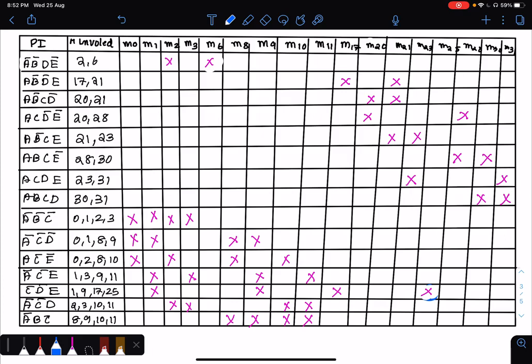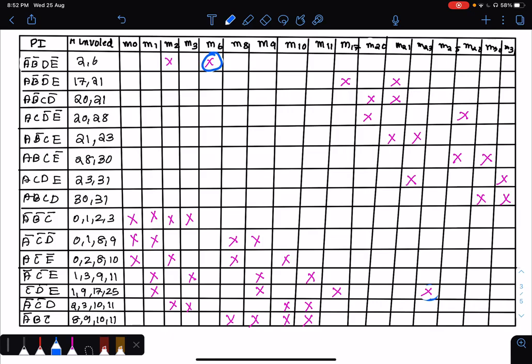The general rule is that after constructing the PI chart, cross these things and go through each column. This column has three crosses, this column three crosses, and this also three crosses. Here there is one cross. Wherever you encounter one cross in a column, just round that.